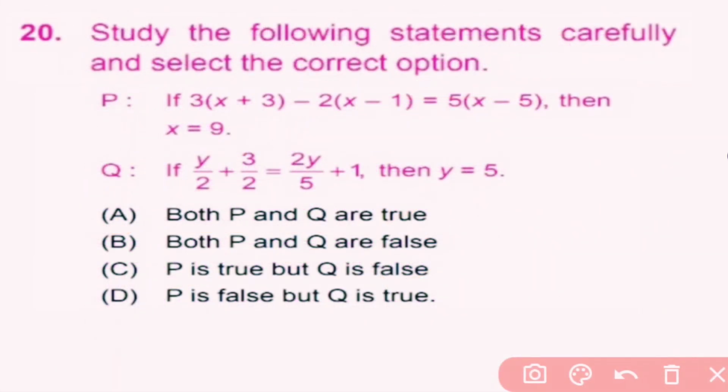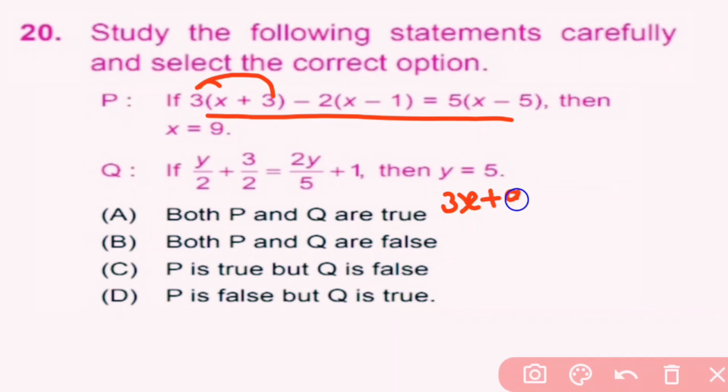So here all steps are correct. D is the correct answer. Question number 20. Study the following statements carefully and select the correct option. P. If the equation is this, then x is equal to 9. So we first solve P. Here 3 into x is 3x plus 3 into 3 is 9.